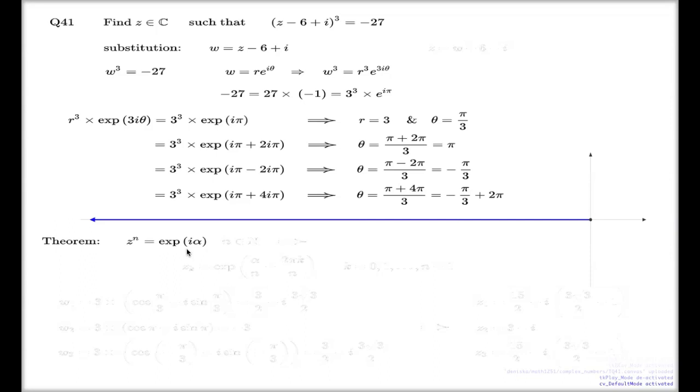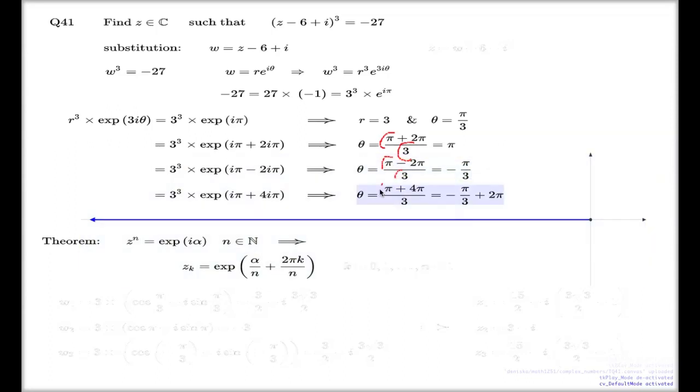Every time you try to take the nth root of a unit complex number, where n is an integer, you will always have solutions of this form. You take this principal alpha and divide it by n, like here. My principal alpha was pi, and I divided it by 3.